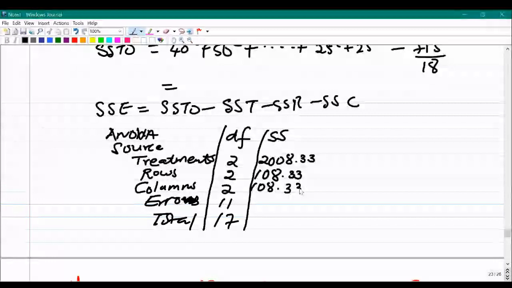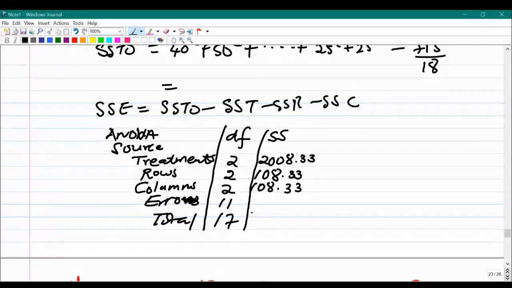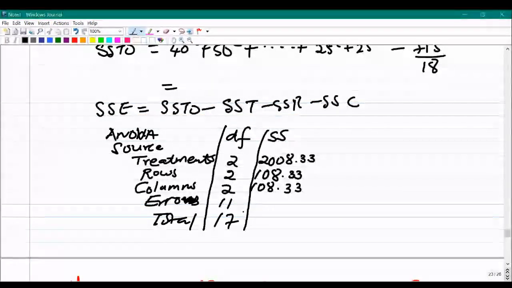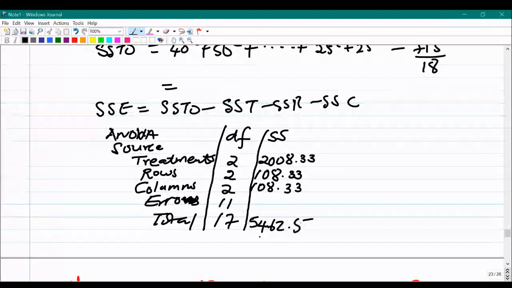Oh, that is why someone was asking, is it possible to get the error by the substitution method or the total? It's fine. Help me, guys. I'm waiting. Total is 5462.5. 5462.5, like this.